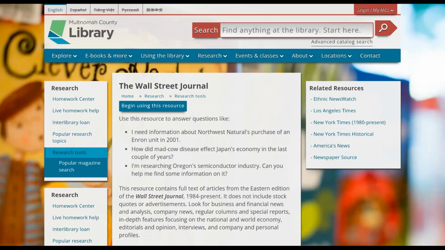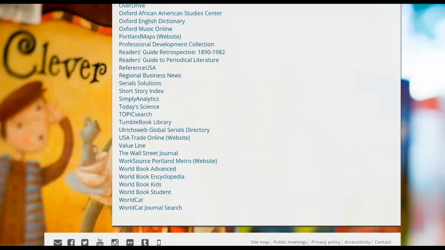So I'm selecting Value Line, the latest issues. This thing is being a pain. Wow, what happened? It took me over to Wall Street. I'm on a fussy little computer.